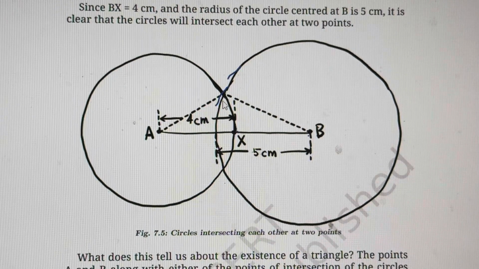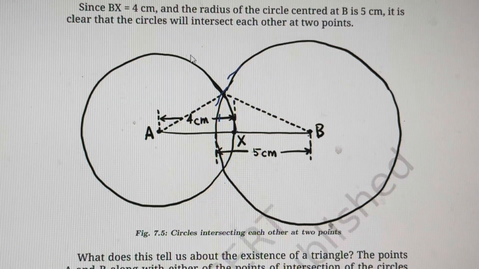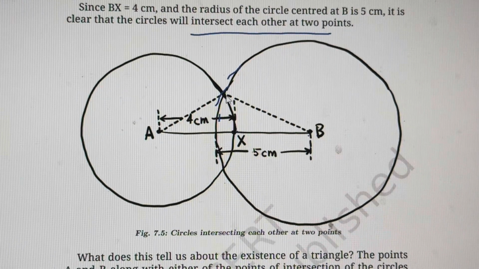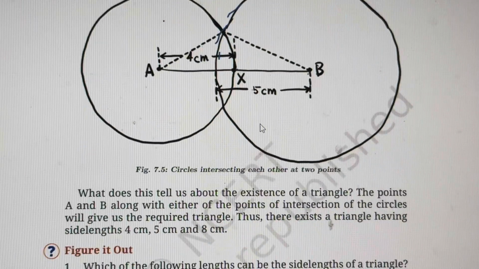So it will intersect somewhere. So both the circles will intersect each other at 2 points, these 2 points. So what does that mean? The points A and B along with either of the points of intersection of the circles will give the required triangle. That means the triangle exists.